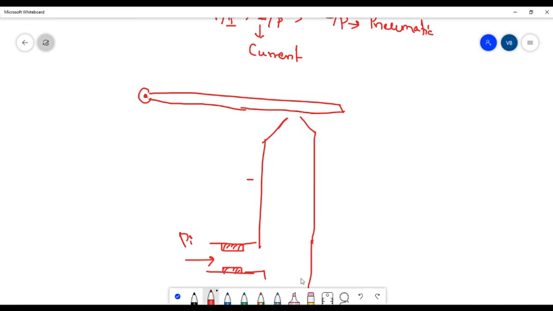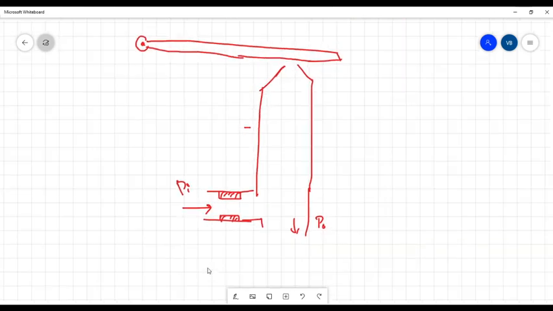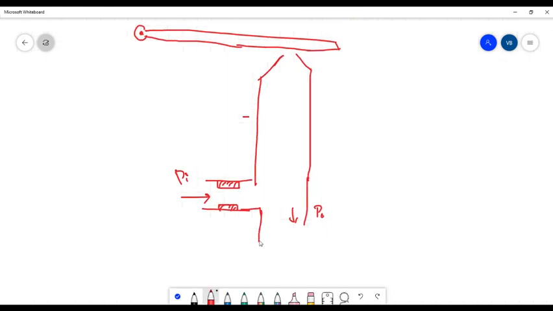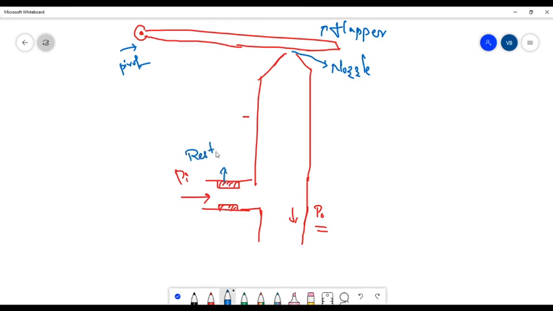From here I am going to get the output, that is P naught. This gap is between the flapper and the nozzle. This part is called the nozzle, and this is called the flapper. This is called the pivot, which is fixed at one end, and these are the restrictions, placed in order to increase the pressure of that particular air.